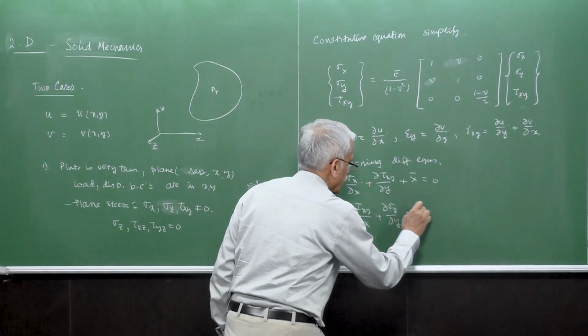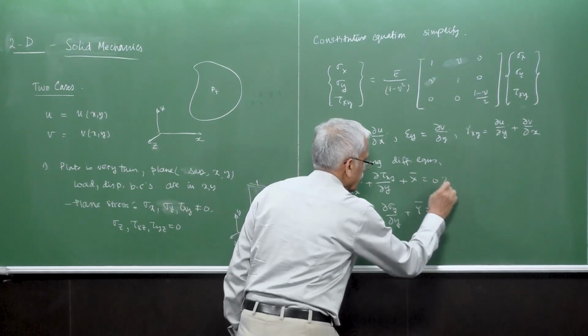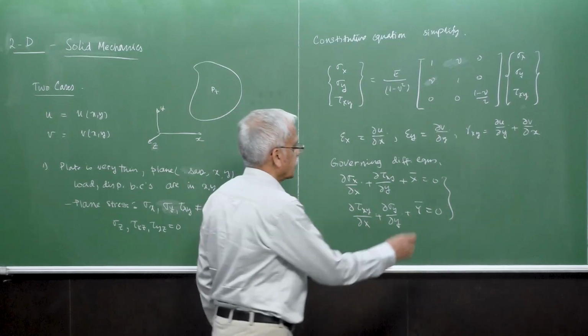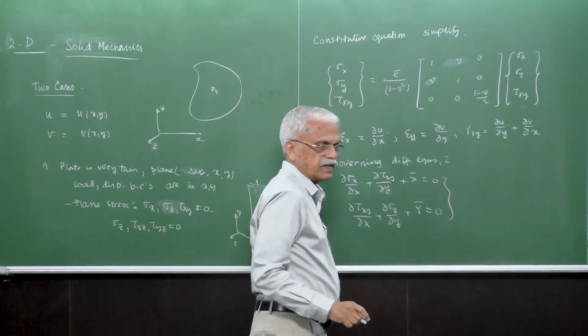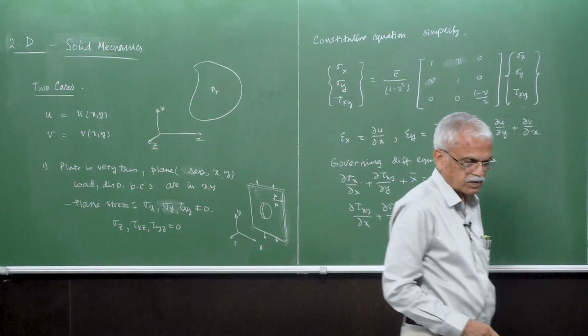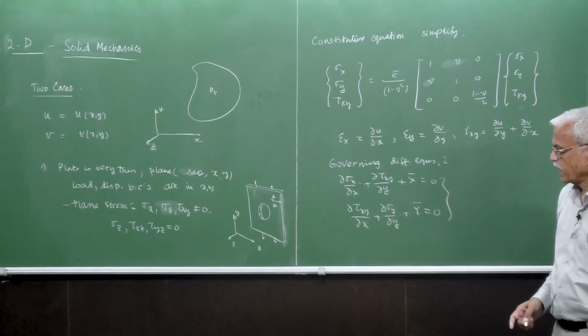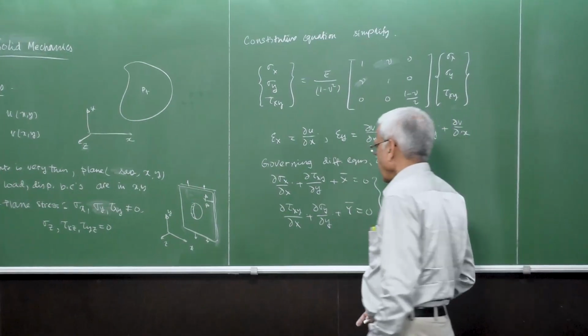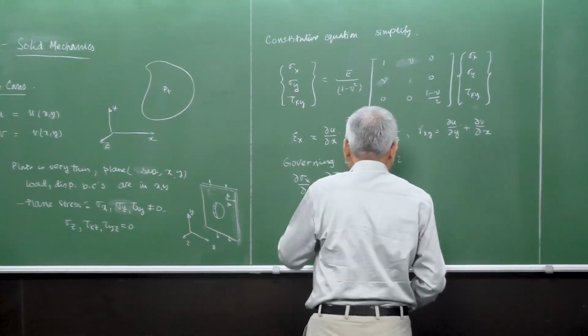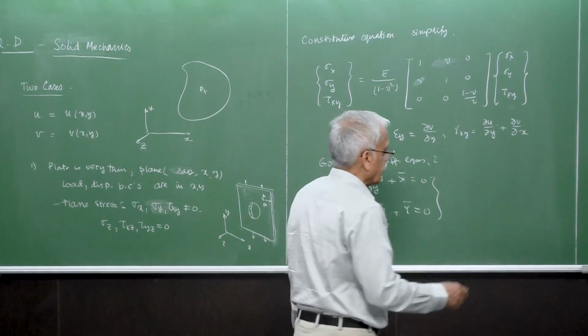So these are two equations, two in number, right? There are two equations here in the x and y direction, okay? And then what else is required is the boundary conditions.